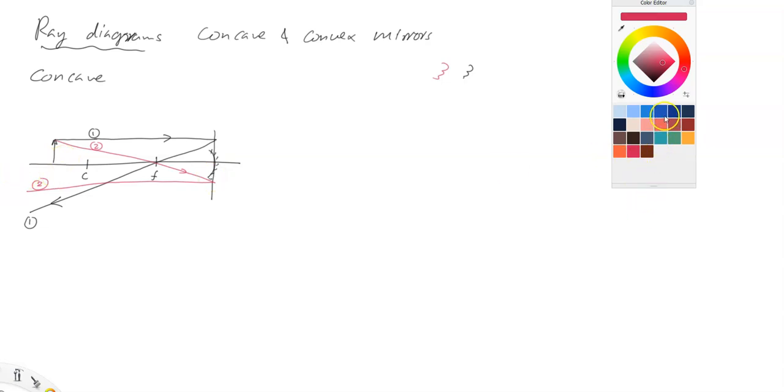Another one we can use is one that hits the center of the mirror. Again, you start from here.